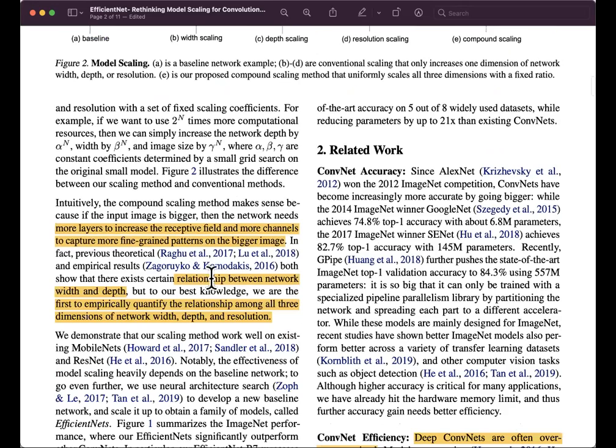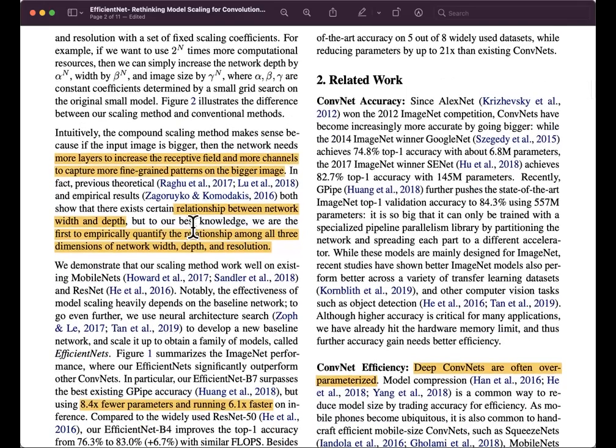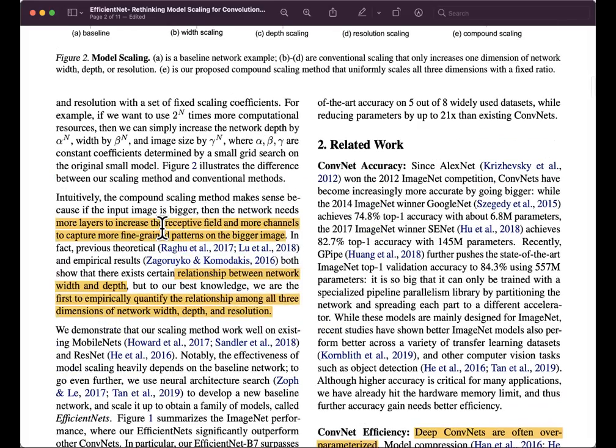The authors claimed that at the time they were the first to empirically quantify this kind of relation among all three dimensions of a network: width, depth, and resolution.